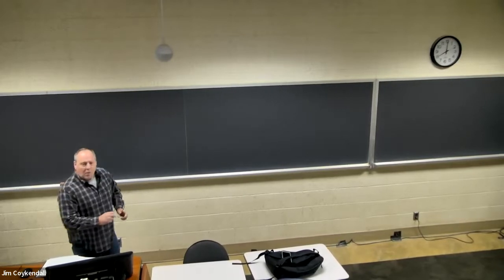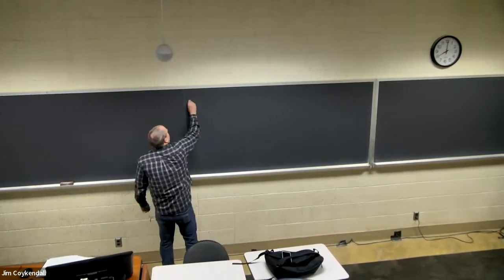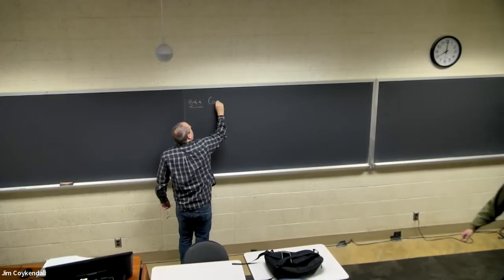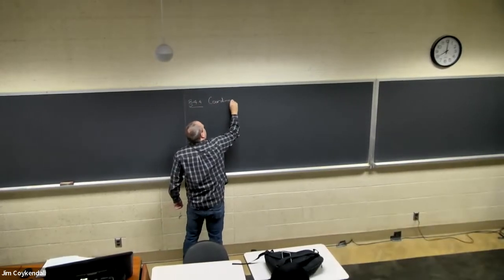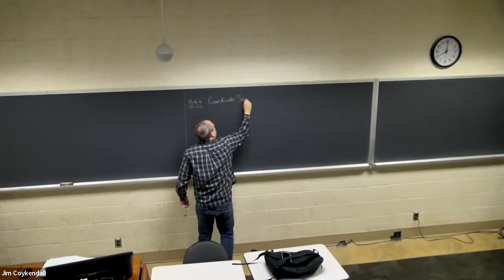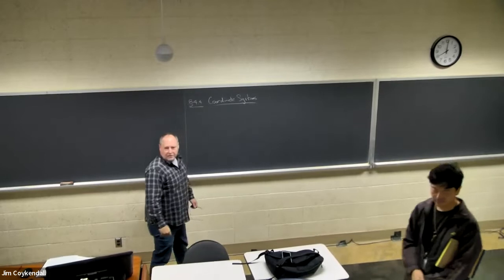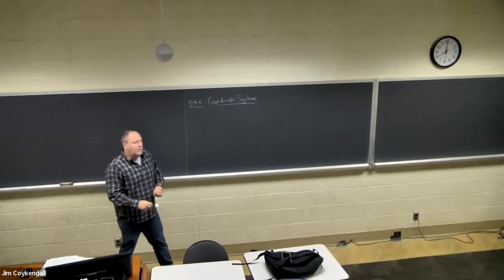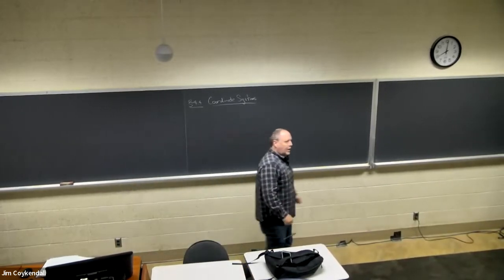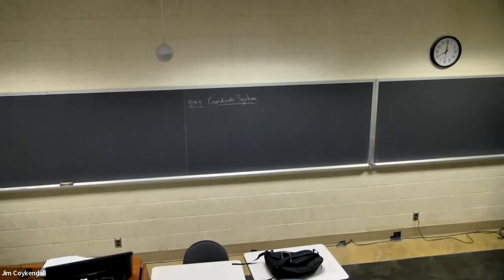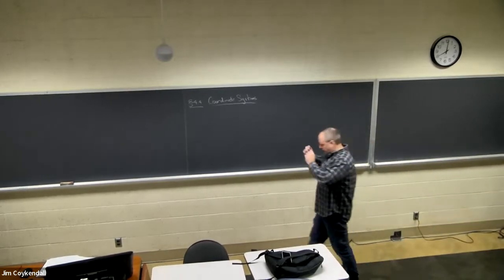All right, so what we're going to talk about today is coordinate systems. A coordinate system is a way to write any vector in a vector space in terms of bases. Now, if I get different bases, then maybe I have to give different coordinates.